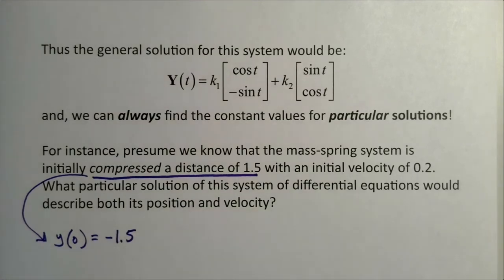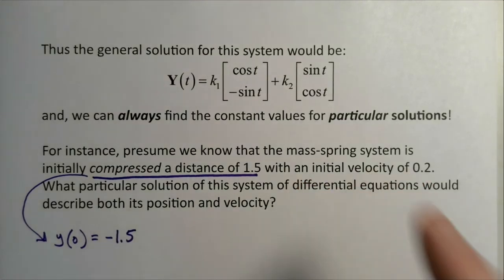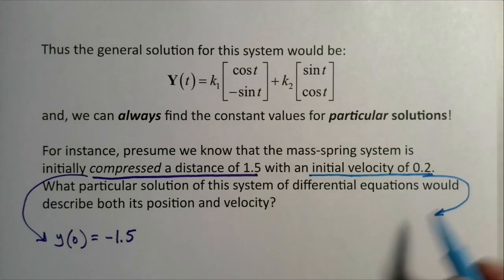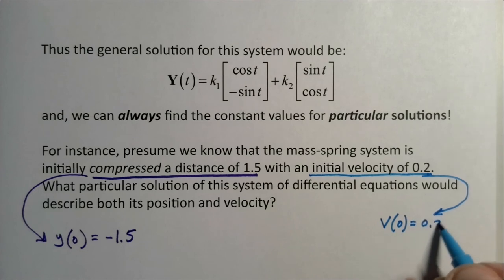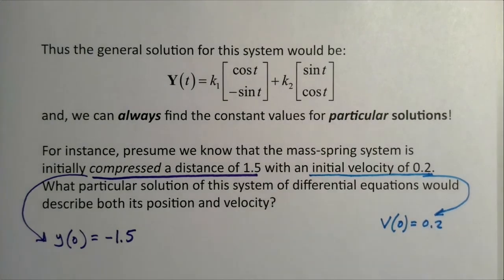And the other initial condition that we're given is an initial velocity. And so that right here tells me that the velocity at time 0 is 0.2. So those are my two initial conditions, but we have to kind of translate that into matrix land.